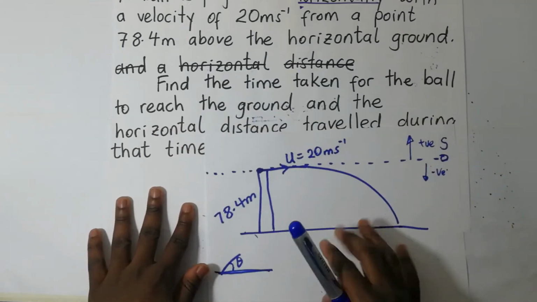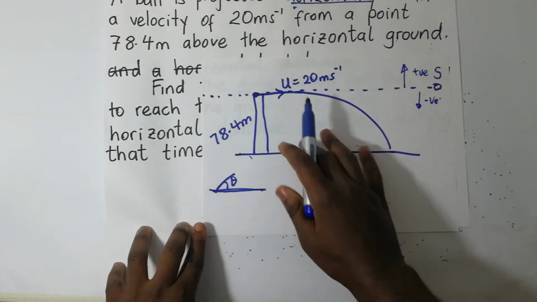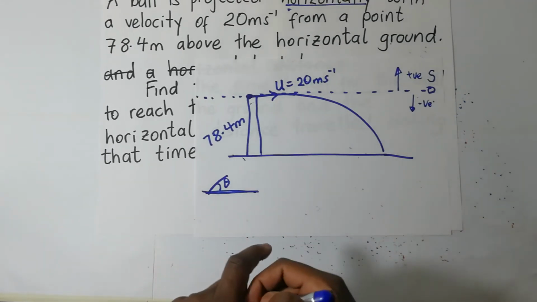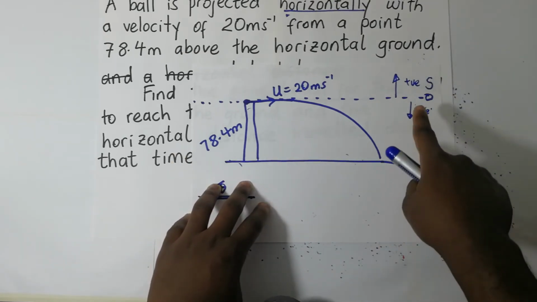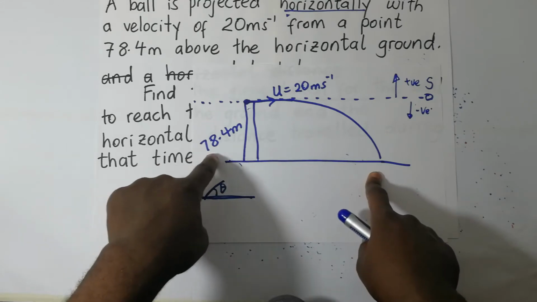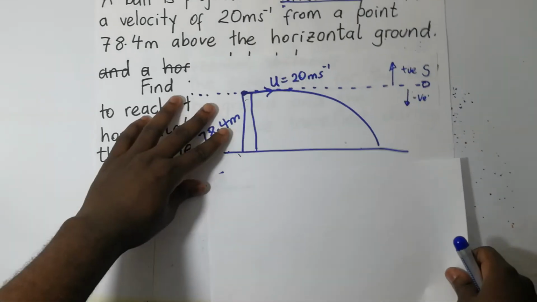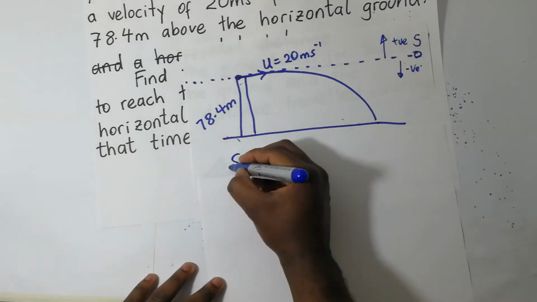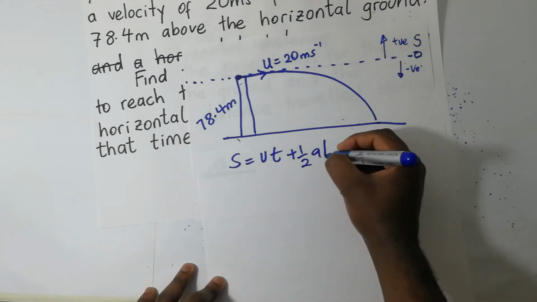And so when they tell us to find the time taken for the ball to reach the ground, what is the time? We're going to use the second equation of motion, the equation that has the displacement, and in place of displacement we shall put negative 78.4. This is how we should do it. So from here we know that S is equal to ut plus a half at squared.